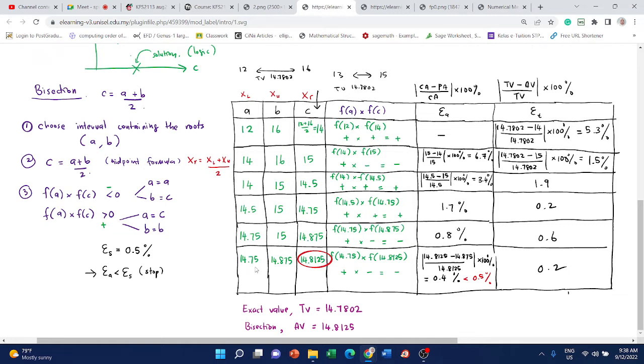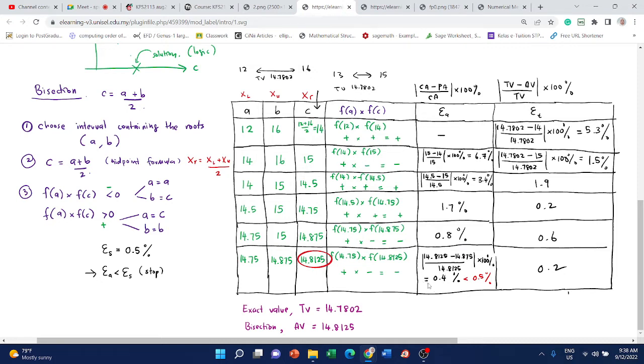And then at the last row here, we still need to compute your interval C. At the last row, we have A 14.75 and B 14.875, so C will be the average of A and B. And then we check the sign, positive or negative. For the absolute error, this is computed as this value, the one in the red circle, minus the previous one, divided by the one in the red circle, times 100%, and then you get 0.4.